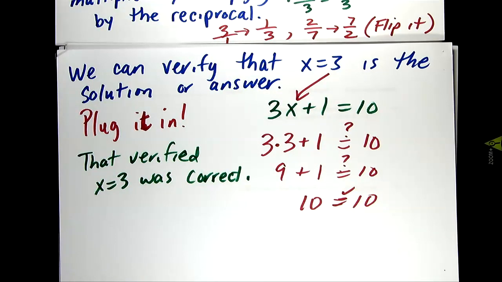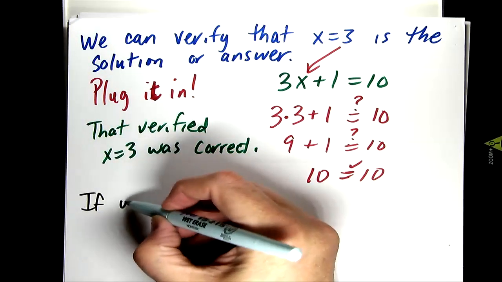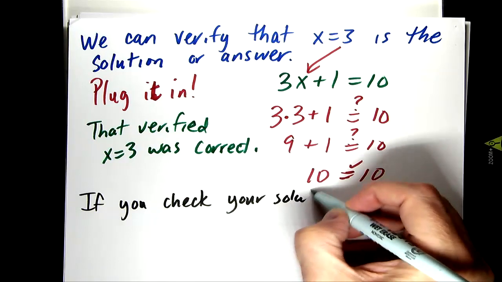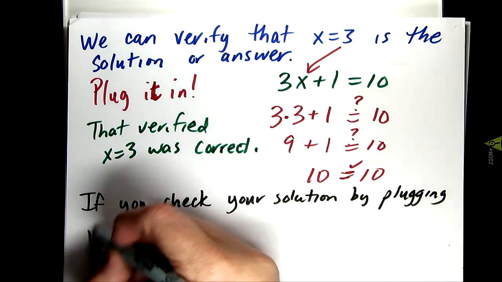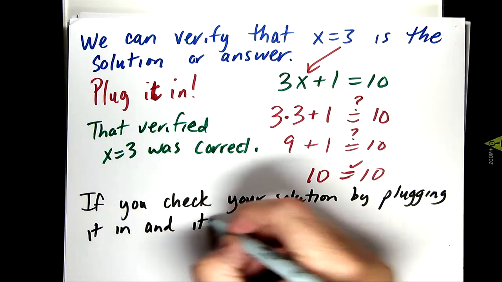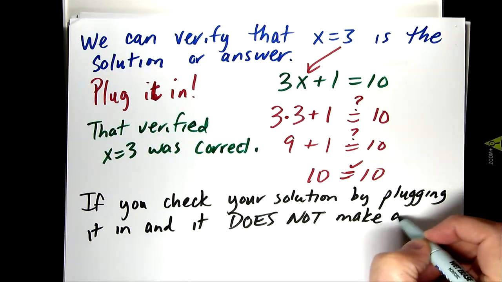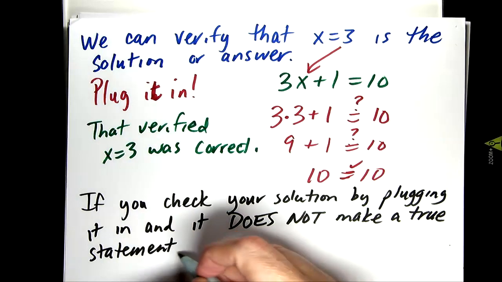Now, I want to point out something I see a lot. It's a common mistake for college students and anybody studying this stuff. If you check your solution by plugging it in, and it does not make a true statement, something is wrong.